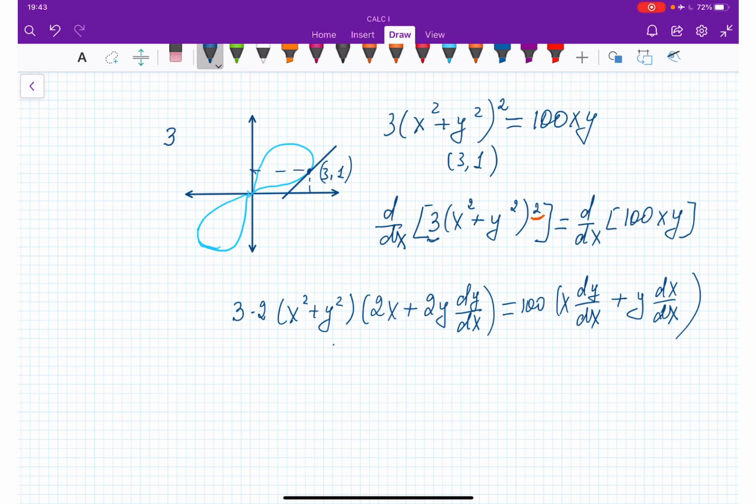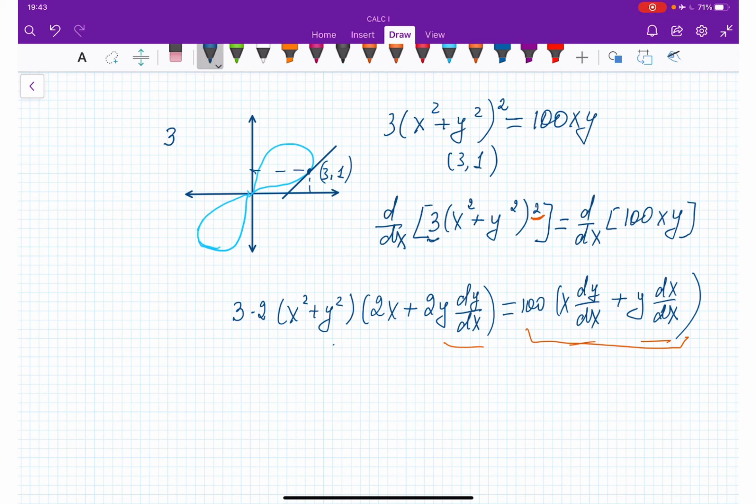So from here, our goal is going to be to find dy by dx, right? Because we take an implicit derivative, which means I have to open parentheses and collect in one place dy by dx. So I'm going to open this parenthesis here.